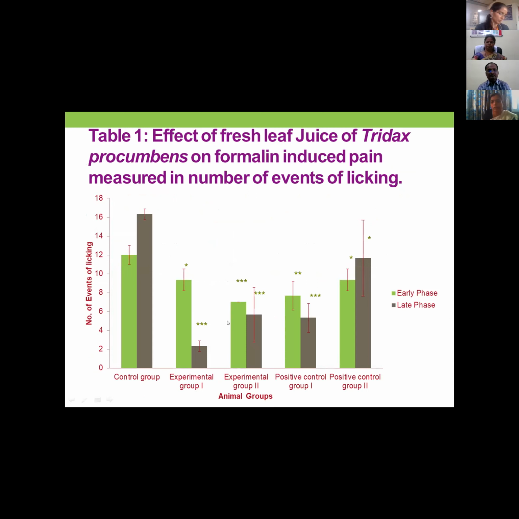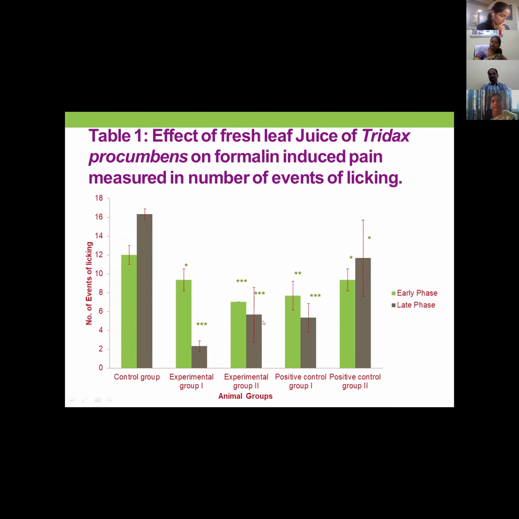The light colored bars are for the early events and the dark colored bars are for the late events. We can see that experimental groups 1 and 2 as well as positive control groups 1 and 2 are acting. They reduce the pain to some extent.